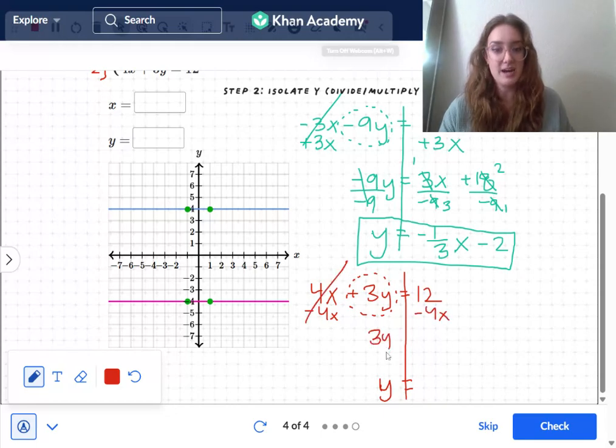We'll have 3y equals negative 4x plus 12. Again, almost there. We want to get y by itself. We need to get rid of this coefficient, so we're going to divide both sides by 3. 4 and 3 we can't simplify, so it's going to be negative 4/3 x. 3 goes into 12 4 times, so that would be 4.